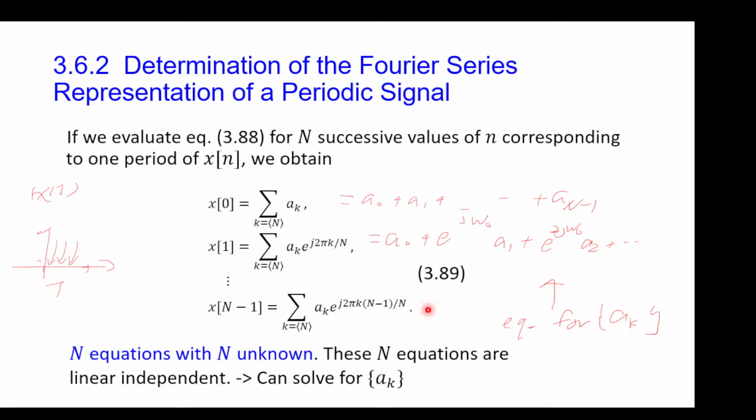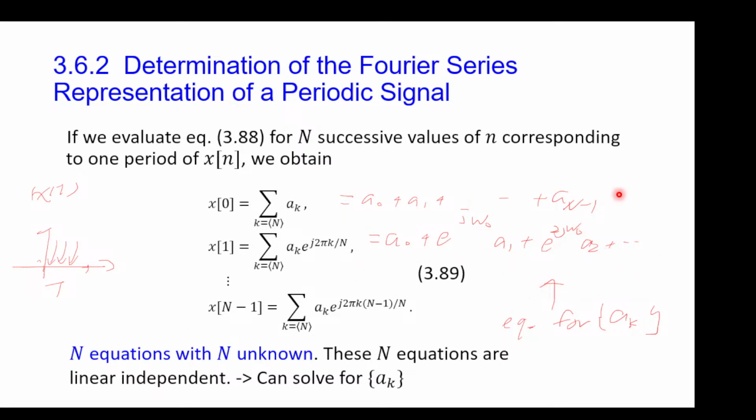Then you try to solve for those a_k, and you see that this is a linear combination of a_k, so this is a0, a1, to a of N minus 1. And x of 1 equals a0 plus e to the j omega naught a1 plus e to the 2j omega naught a2, etc.